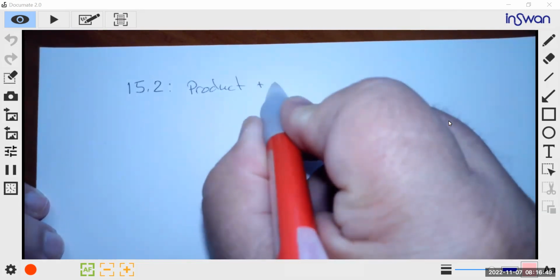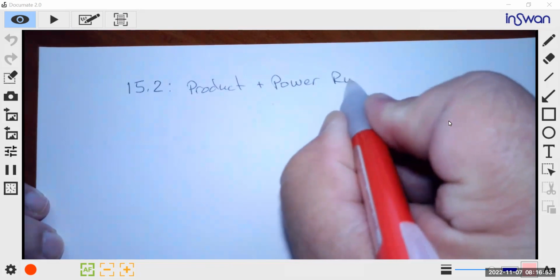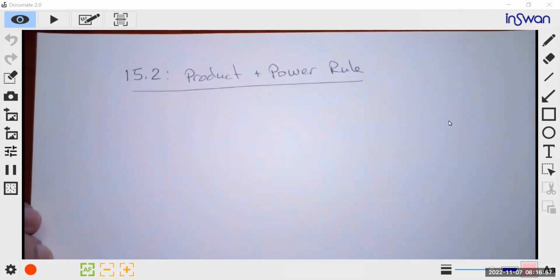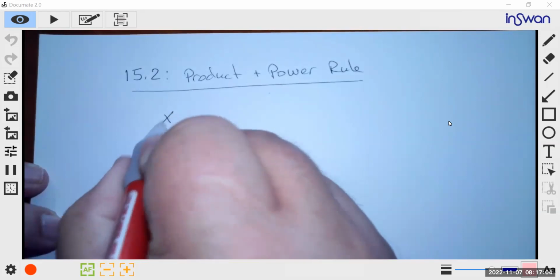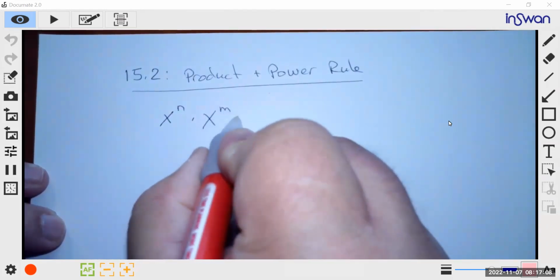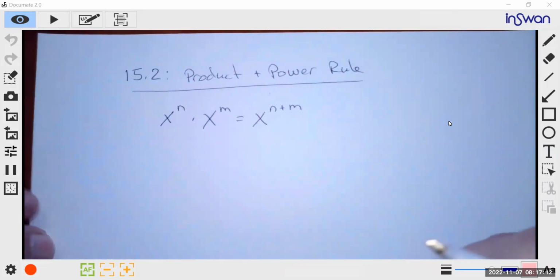Product and power rule. Remember what those were. If I have the same base, different exponents, I add the exponents.